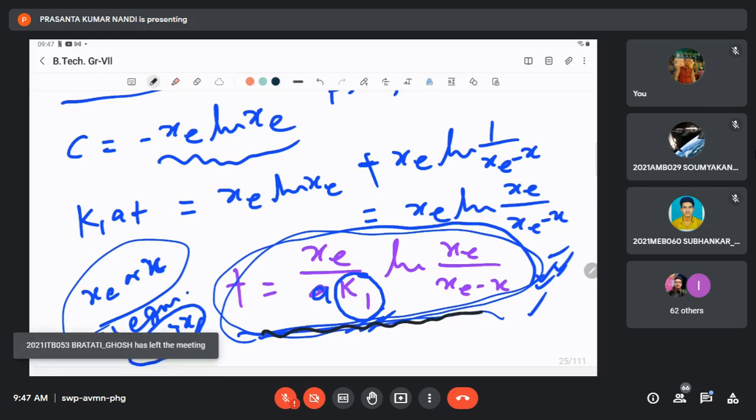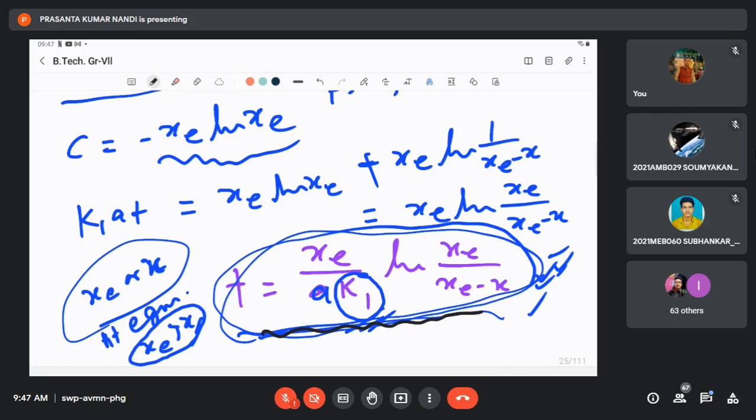Once again, it is an interesting fact that when a reaction reaches equilibrium, the concentration of the product, xe, should be much larger than x. Otherwise the time t would be a negative quantity, which cannot be possible.